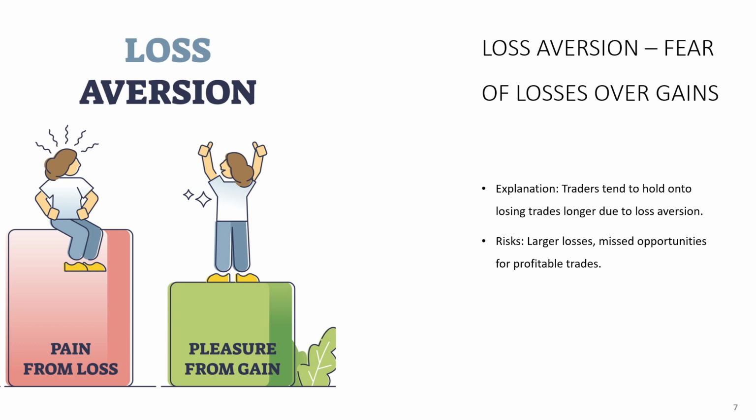So if you lose 100, you'll be devastated, okay? But if you gain 100, it's not going to matter much. So this type of loss aversion means that you're fearing the losses much more than you're having pleasure from the gain. And the danger of this bias is that it makes it difficult to cut losses, which can turn a small loss into a much bigger one.